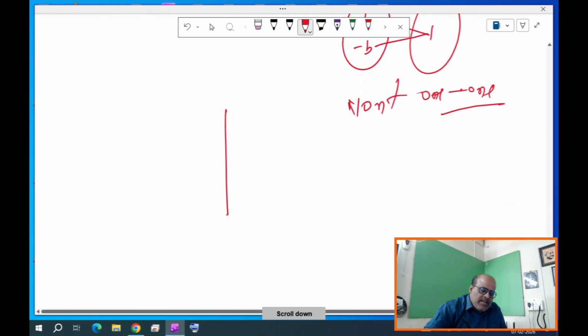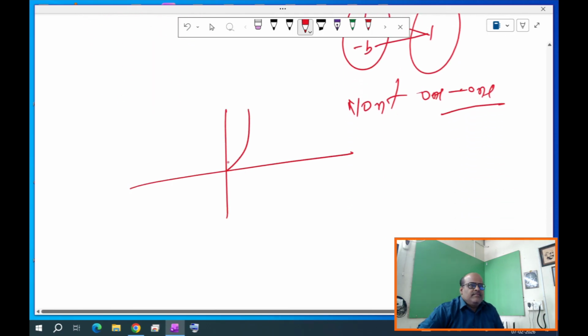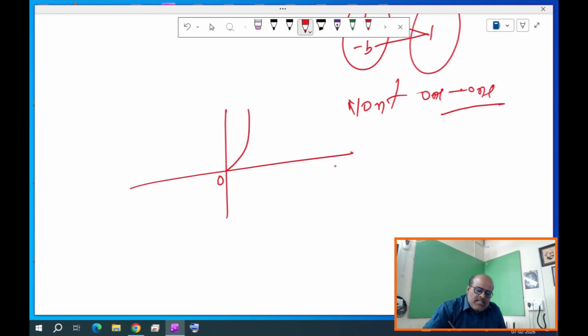Suppose I choose my graph like this. My domain is 0 to infinity. We are discussing 1-1, so here the x-axis is the domain. I choose a straight line parallel to the domain itself.